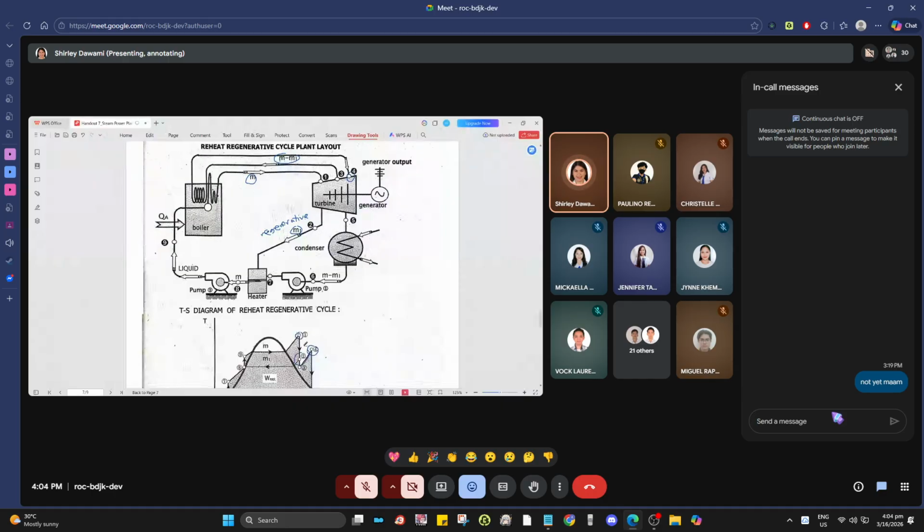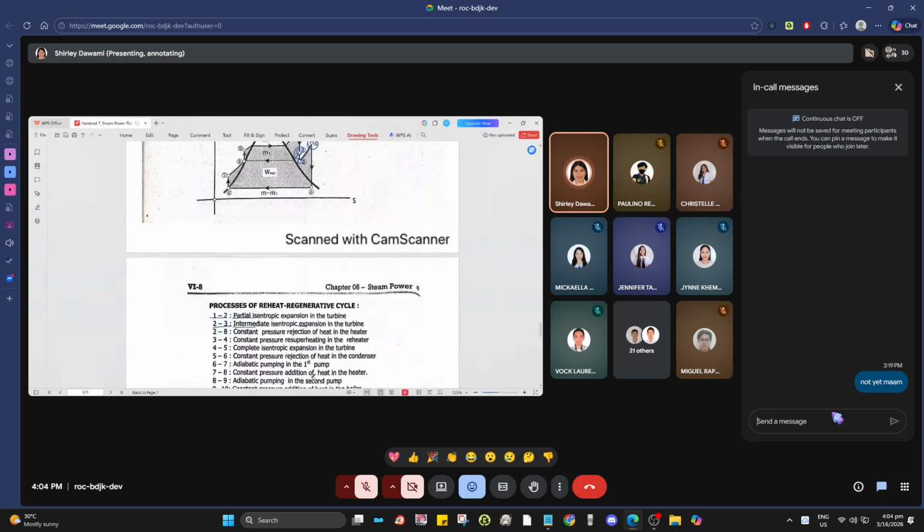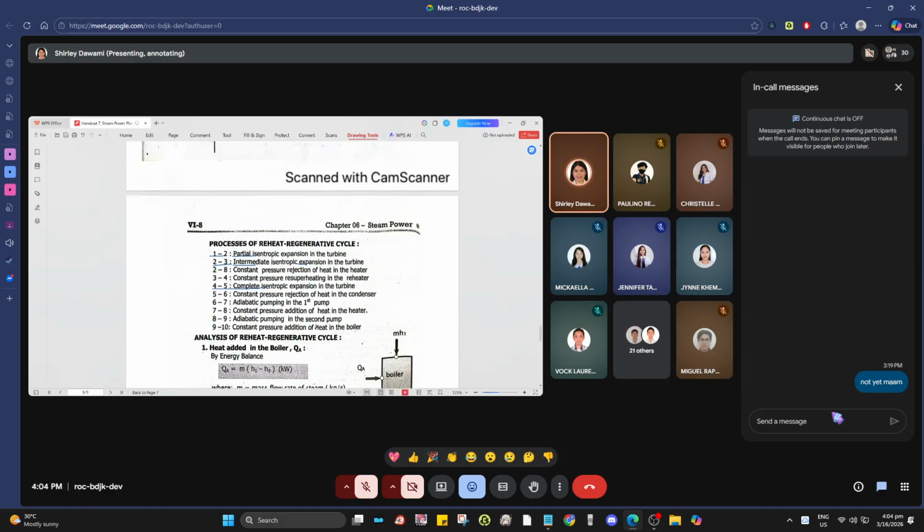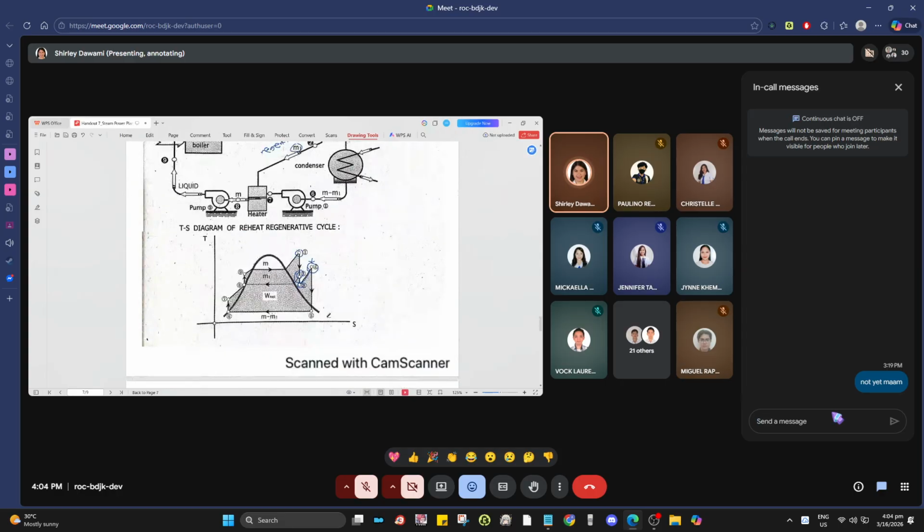After the expansion, decrease gamay ang iyahang energy, and then, ni-undergo po og intermediate expansion, the more it reduces. Tapos, paggawas po niya, niagi siya sa superheating, nisaka na po ang iyahang energy, no? Sa point 4. Okay, so kaning point 4 mao na ni ang complete expansion, isentropic expansion in the turbine.